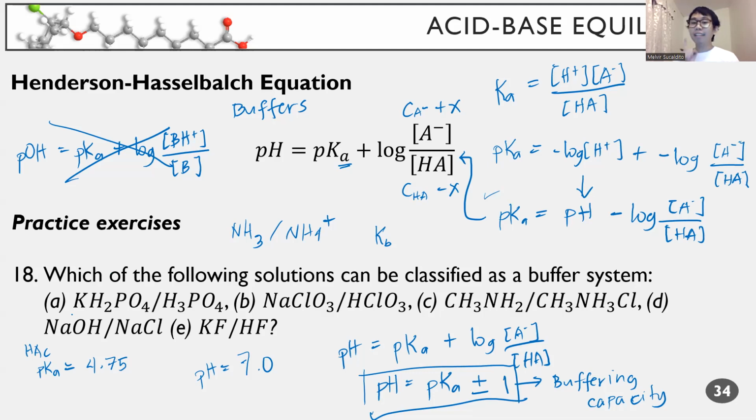Now, an acetic acid buffered solution only works if you want to maintain the pH at around 4.75. So if, for example, you want to maintain the pH at around pH 8, you should not use an acetic acid buffer.